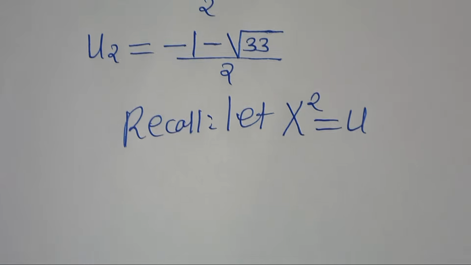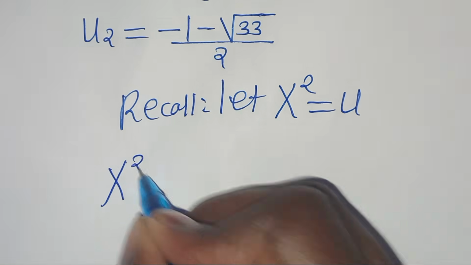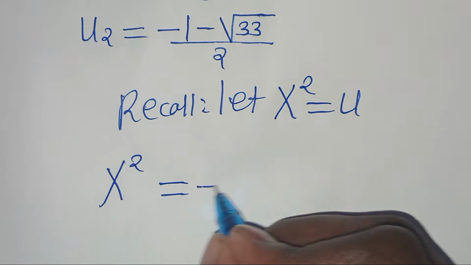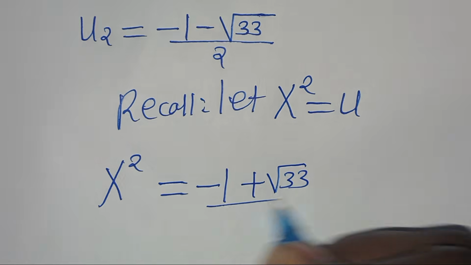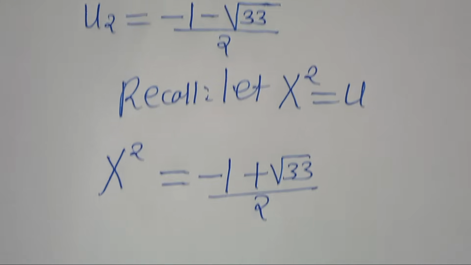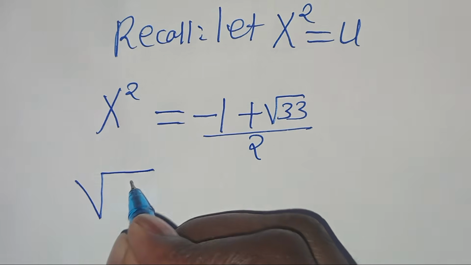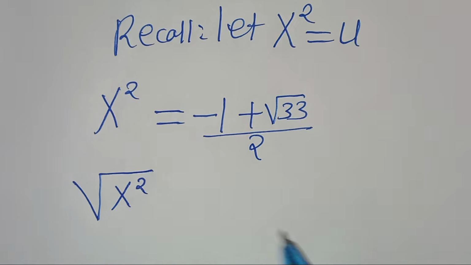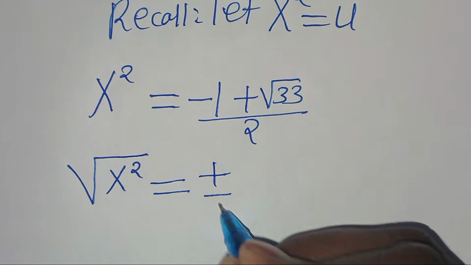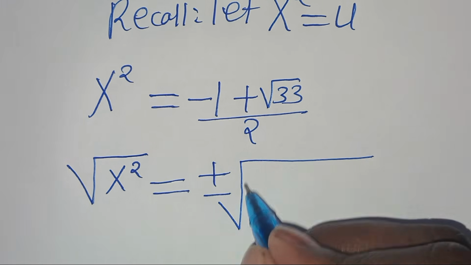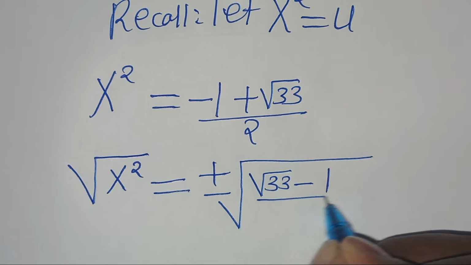So let's substitute u1. Let's start with u1. So we have x to the power of 2 equal to negative 1 plus the square root of 33 divided by 2. Now, to solve for the value of x here, we introduce a square root on both sides. So we have the square root of x to the power of 2 equal to plus or minus the square root of 33 minus 1 divided by 2.